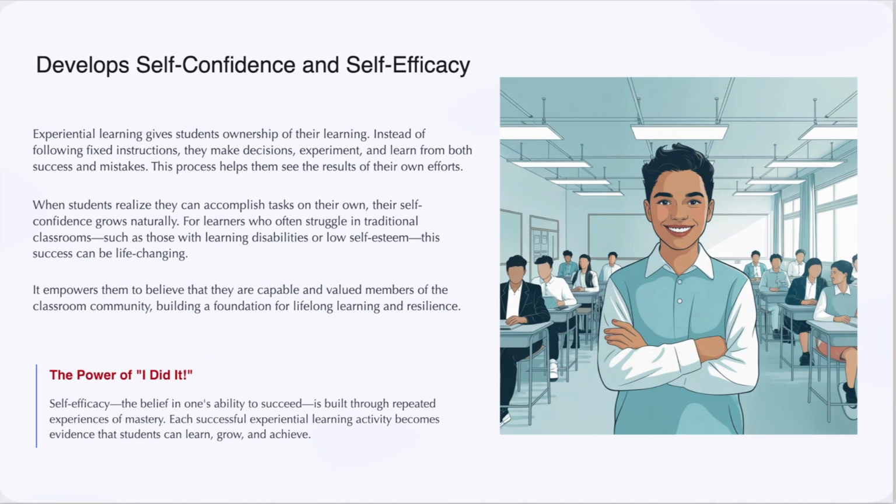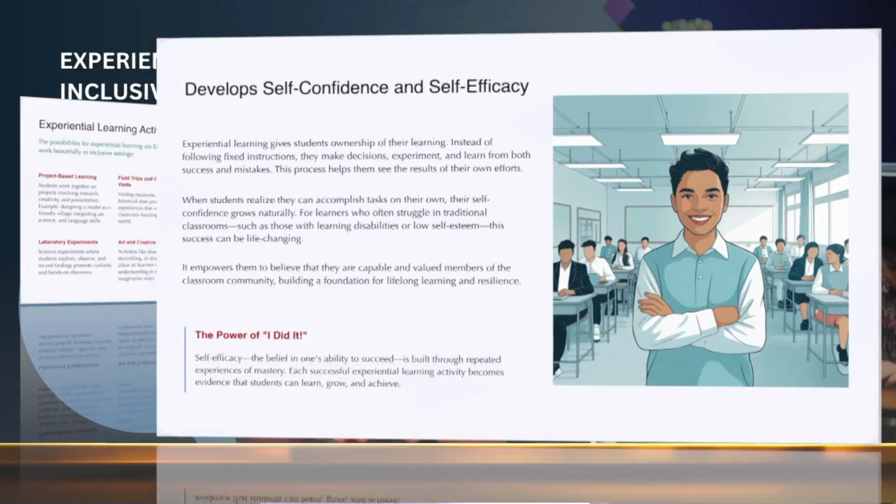When students realize they can accomplish tasks on their own, their self confidence grows. For learners who often struggle in traditional classrooms, such as those with learning disabilities or low self esteem, this success can be life changing. It empowers them to believe that they are capable and valued members of the classroom community.